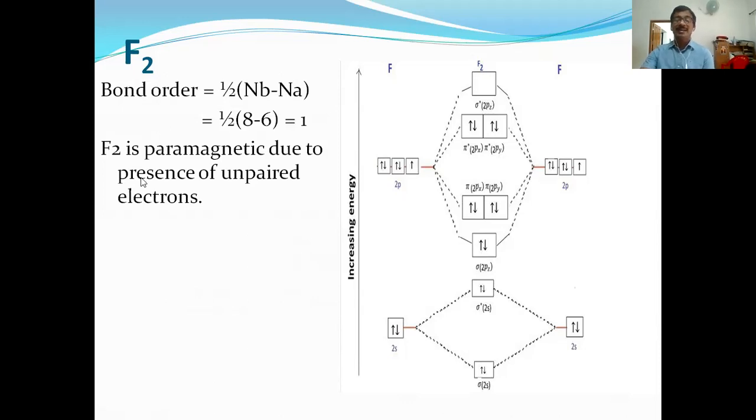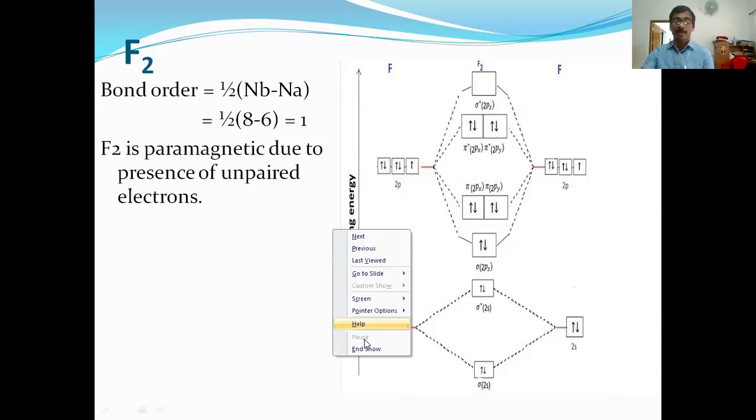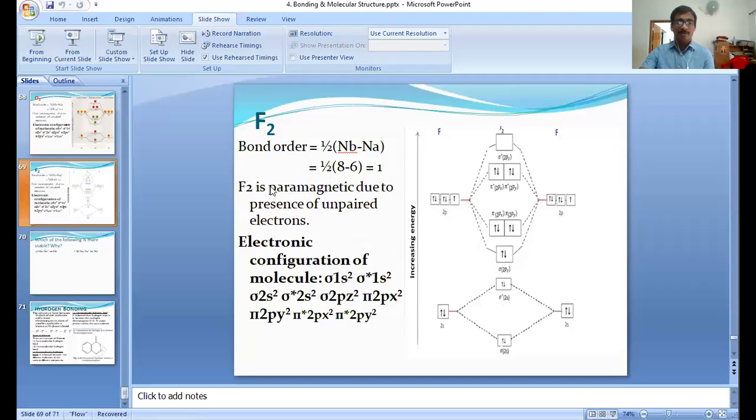F2 is diamagnetic. No unpaired electrons in it. So F2 is diamagnetic. In the slide it is given by mistake as paramagnetic.